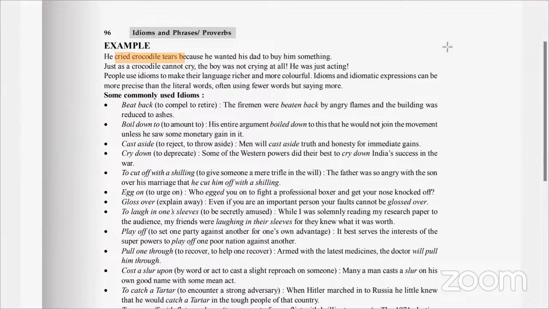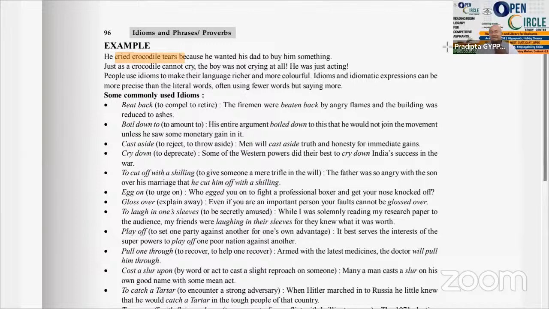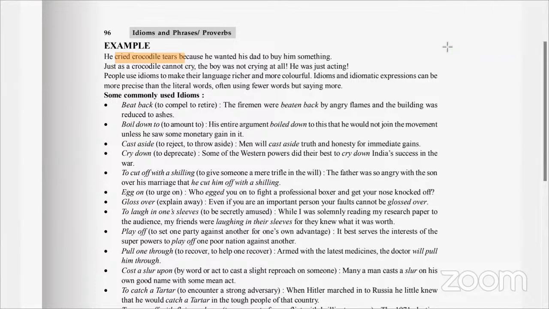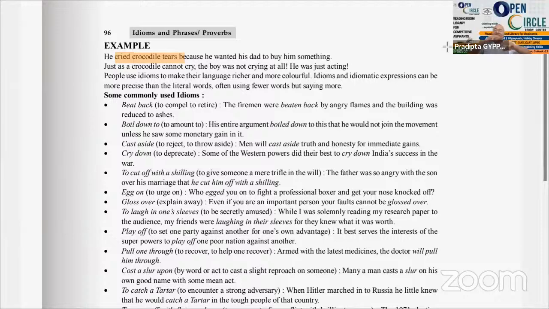Very good student of science, can you tell me, does a crocodile actually cry? No, crocodiles do not cry. What happens is that its skin is so leathery that it does not have sweat glands. So whatever sweat it has starts to roll from the edges of its eyes.